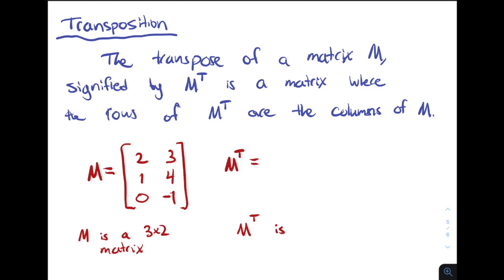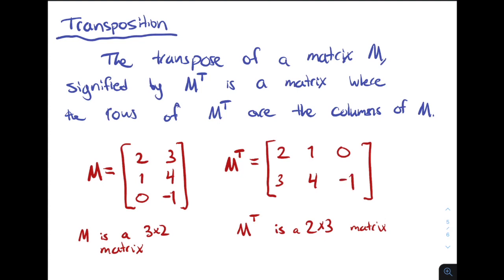So if the dimensions of M is a 3 by 2, the dimensions of M transpose will be a 2 by 3. The first row of M transpose will be the first column of M. The first column of M is 2, 1, 0. So our first row in M transpose will be 2, 1, 0. And similarly, the second row will be the second column of M.